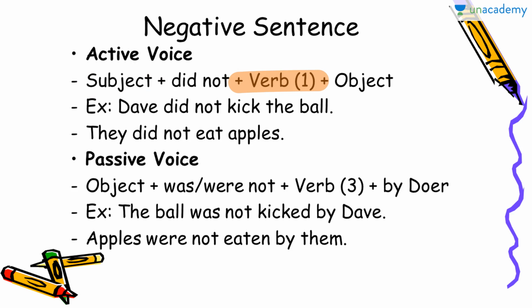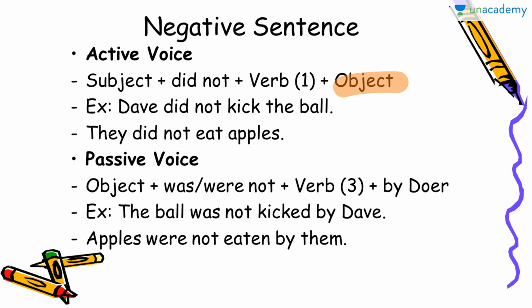Now please listen carefully because we are using did over here and I know it is past tense. Still, because of did, we are using the first form of verb over here. We will not use the second form of verb in simple past tense when we are making a negative sentence. And then at last we have the object on which the work is not done.